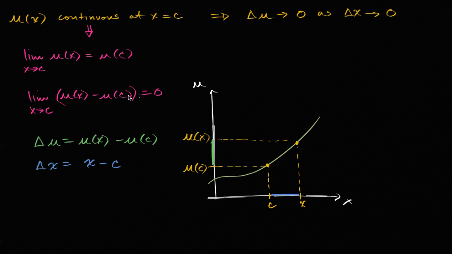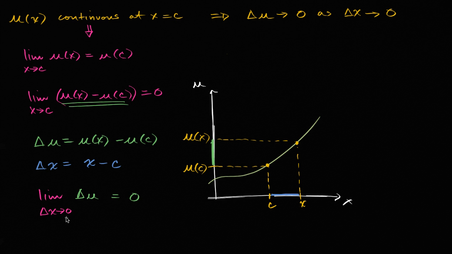Then we can rewrite this limit right over here. Instead of saying the limit as x approaches c, we could write the limit as delta x approaches 0, because if x approaches c, then delta x is going to approach 0. So we could write this, the limit as delta x approaches 0 of delta u is going to be equal to 0. We define this as our change in u, and it is our change in u. So this is equal to 0.